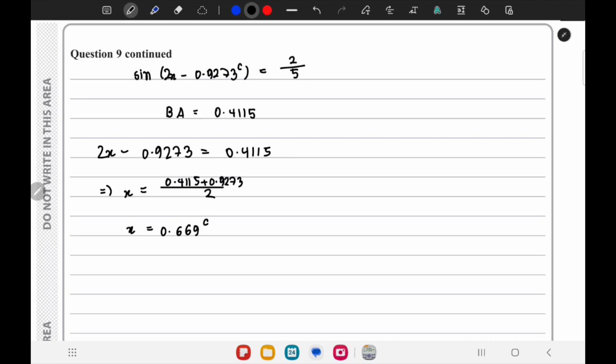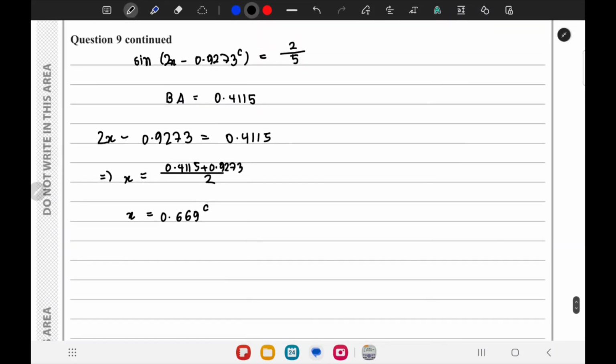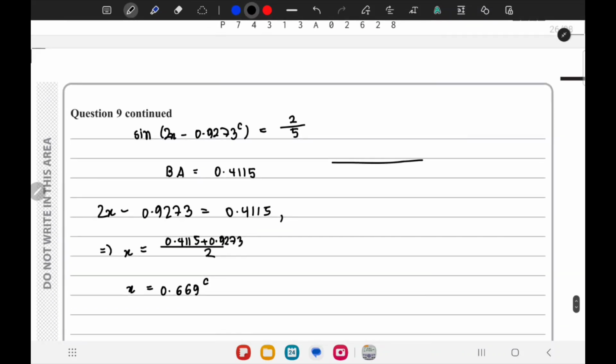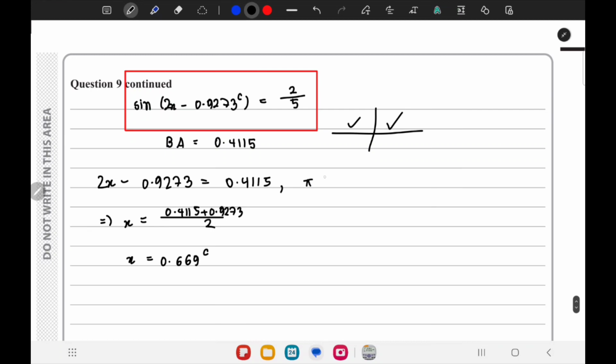This however is not greater than pi, so we'll have to take other values. This equation has sine something equals positive, so we'll take the first and second quadrants. So this will be pi minus 0.4115. We do the same process over here.